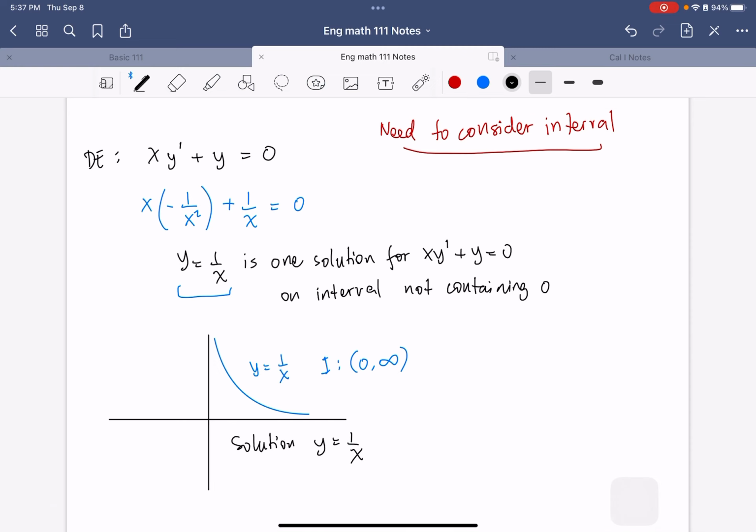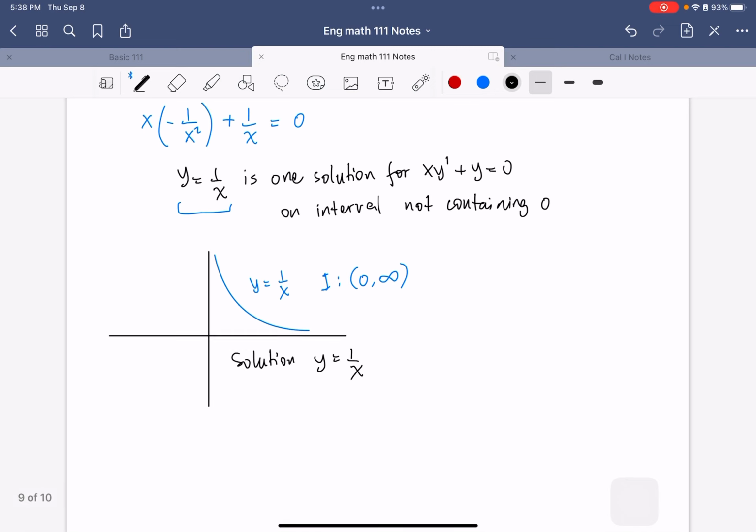Okay. So the thing that you need to consider is how you are going to define the solution, which interval you are going to look at. Okay? So that's also important. The interval for defining the solution curve. Okay? Solution curve.